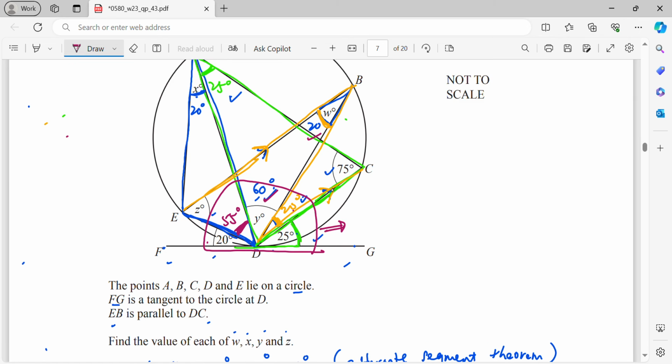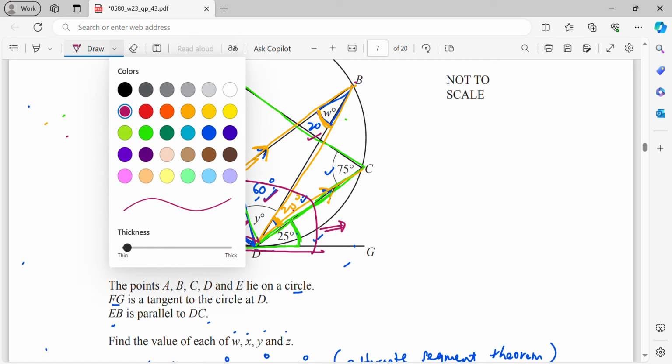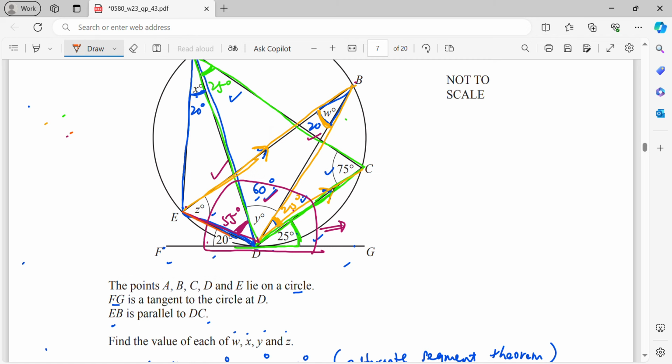So once you have found the 55 degrees, I may refer to EBD, this whole triangle, the orange color triangle, or the yellow color triangle. So I will say Z plus 55 plus 20, and plus 60 degrees here. All this added together will be 180 degrees. So I'm referring to the triangle EDB.